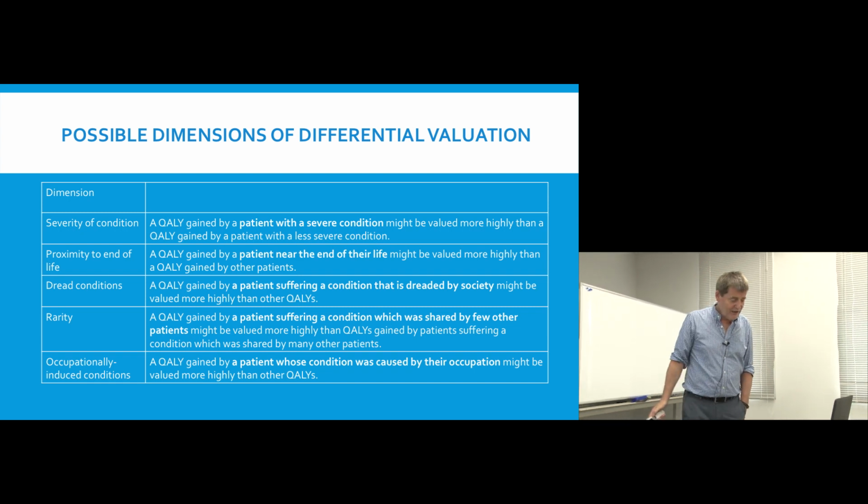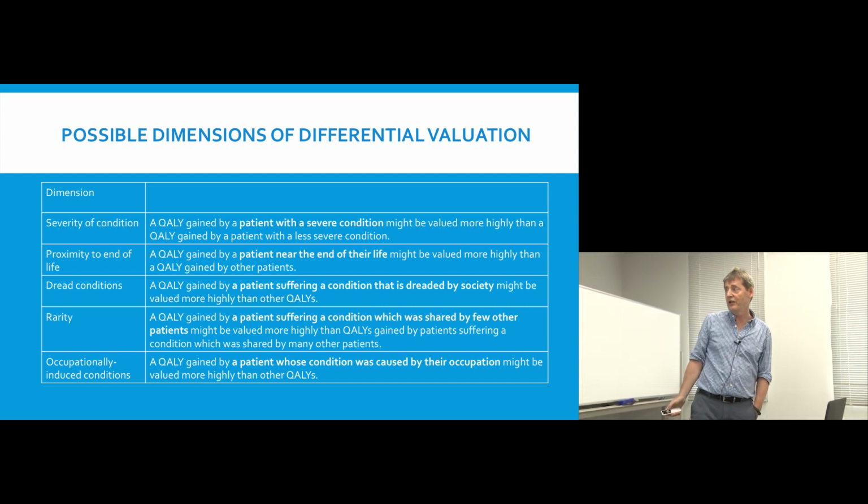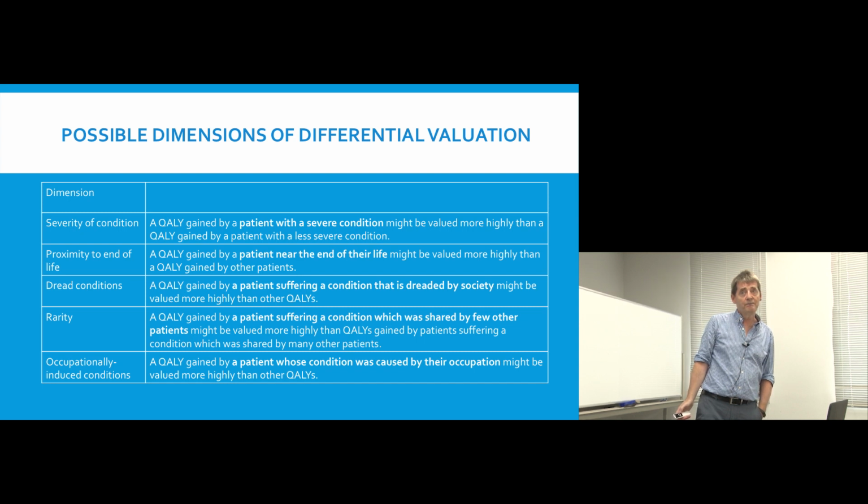Another one is occupationally induced conditions. Some conditions are nothing to do with the choices the patient has made, but they happen to work in a particular industry and didn't realize that that industry was killing them. A good example of this is asbestos and industries that use asbestos.